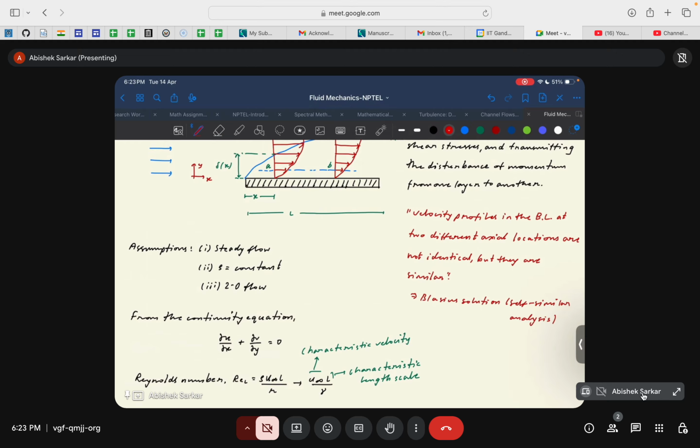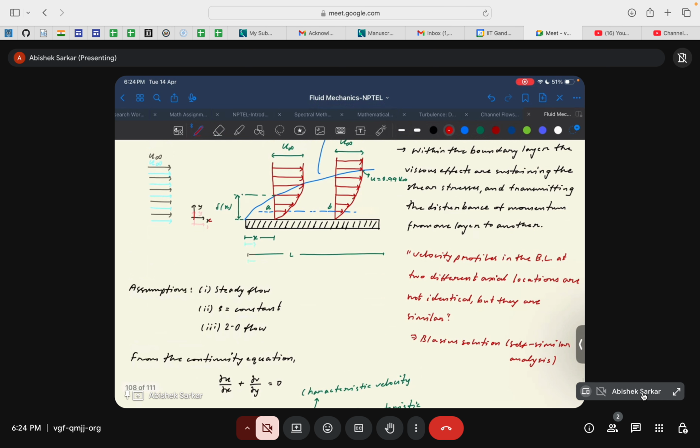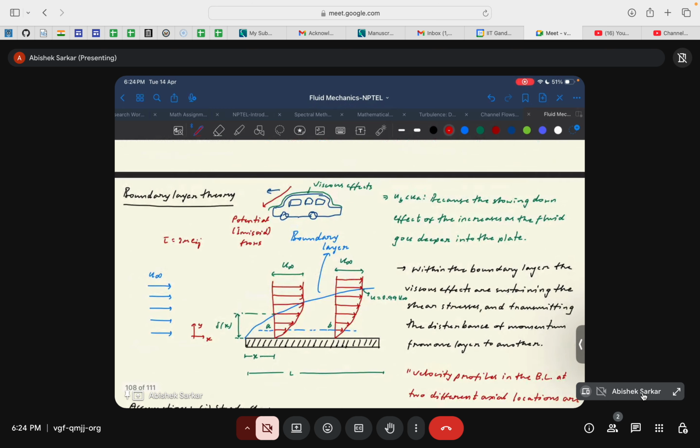A very interesting thing to know is that Blasius, the scientist who found the solution of the boundary layer, was indeed the student of Ludwig Prandtl, who formalized the boundary layer theory.